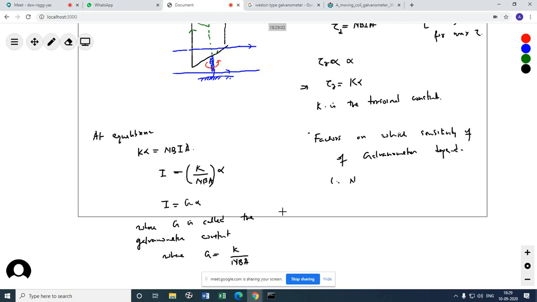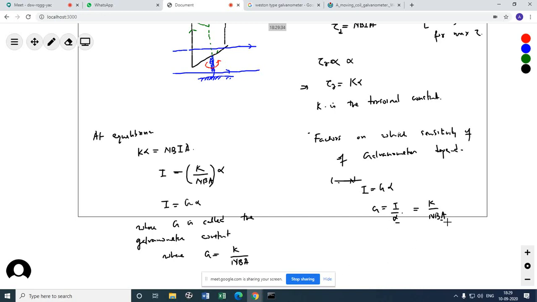Before I proceed, we can write this as I equals G alpha. So G will be equal to what? I by alpha. Now pay attention here. That means I can write this as K by NBA. Pay attention to this and this.